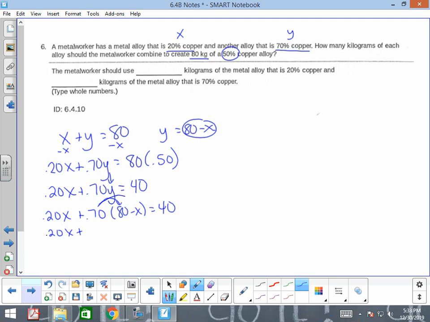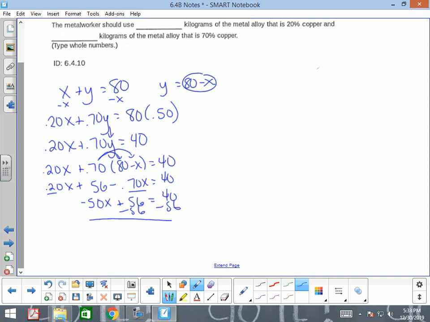Do the distributive property, and I get 56 minus 0.70x equals 40. Combine like terms, so that's negative 0.50x plus 56 equals 40, and then subtract 56.